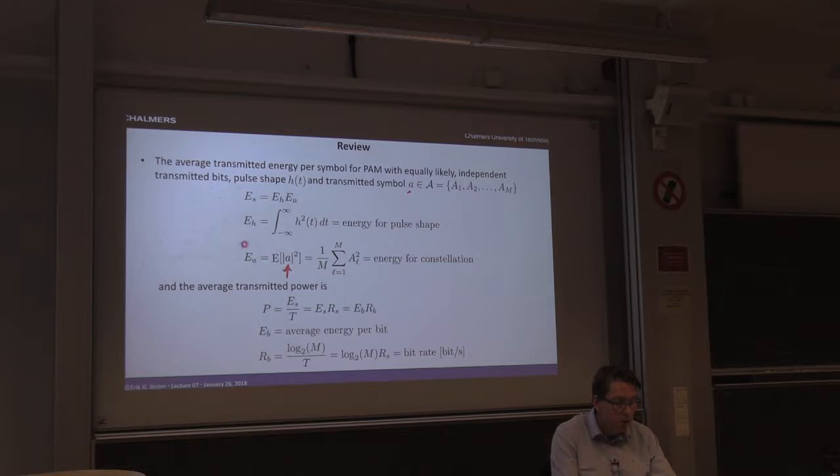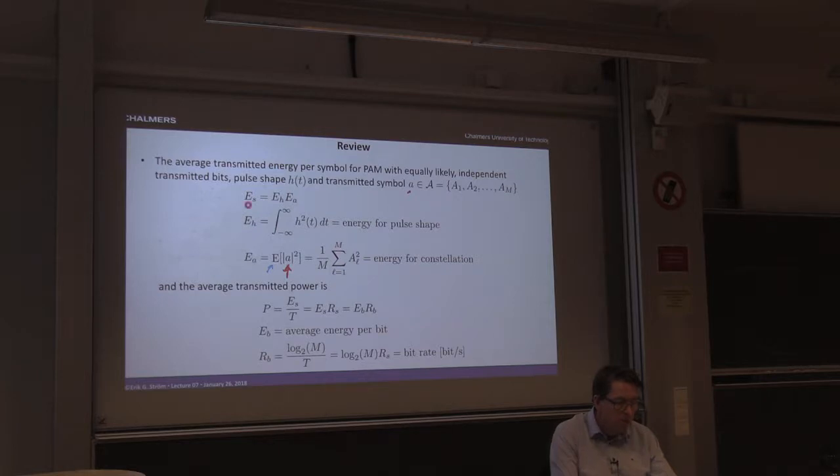Okay, so this is the new thing here, and what I would like to stress is that the E here is the expected value, so it's not energy or anything like that, it's an operator. Since these are equally likely, they occur with probability 1 over M, and then we just sum the squares of the possible outcomes of the amplitudes, and then we get the energy for the constellation.